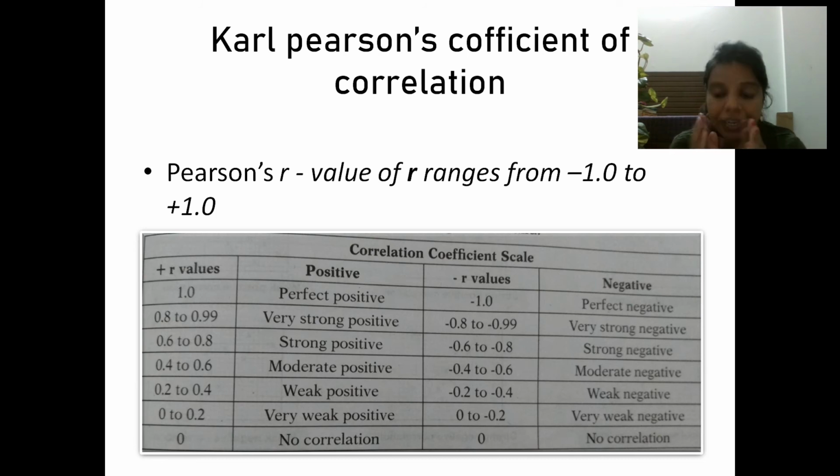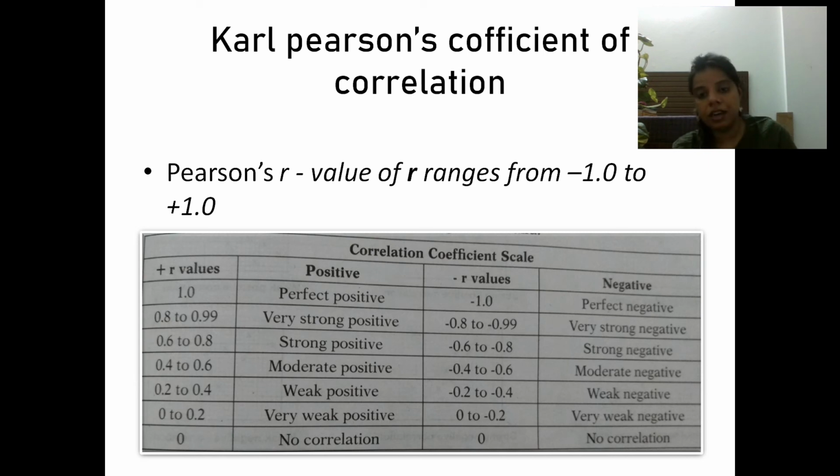If you are getting -1, -0.8, -0.6 or -0.2, it means the relationship between the two variables is negative. If you are getting values on the positive side, it means a positive relationship.